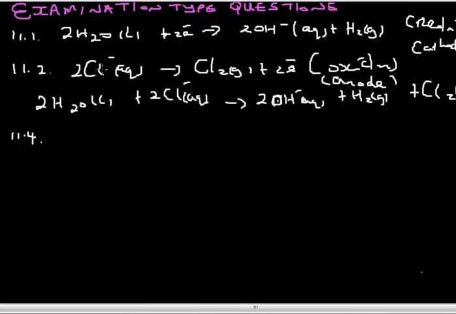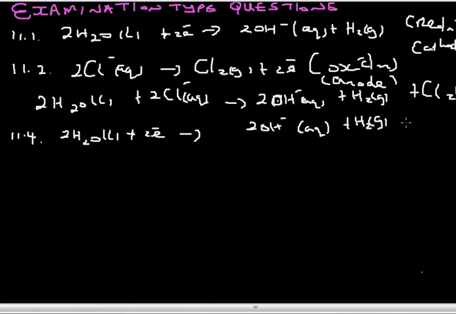So first of all, we have our first reaction there. Our water in liquid form plus 2 electrons will produce our 2 hydroxyl ions in aqueous form plus our hydrogen gas.